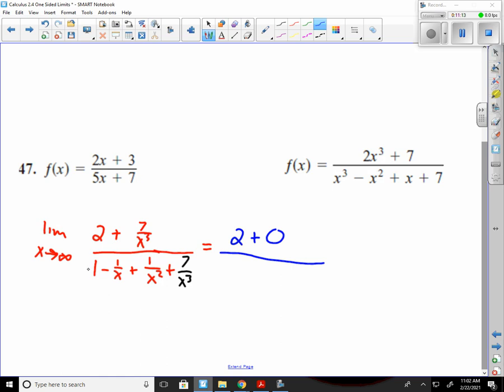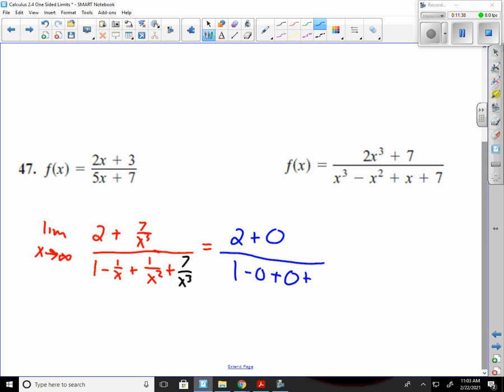Limit as x approaches infinity of 1 is just 1. 1 over x is 0. 1 over x squared. Now if 1 over x is 0, then 1 over x squared has to be even smaller. This comes back to our sandwich theorem. So that would be 0. And 7 over x cubed, again, it's going to be getting even smaller.